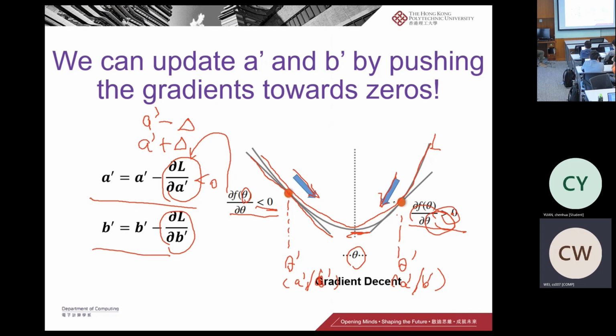Because when theta is A, it goes the same. When theta is B, it goes the same. But the gradients for A prime and B prime are not necessarily located in the same section, right? It could be that the gradient of A prime right now is less than 0, but the gradient for B prime right now is greater than 0.